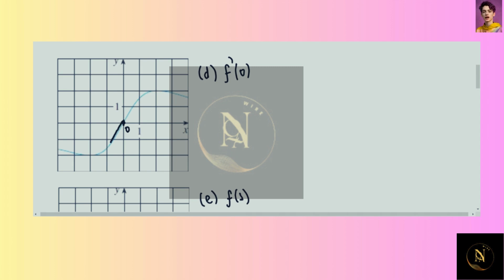So we have the point, the first point is 0, 0, and the second point we could see is, let's try it better because it's not like a tangent line.